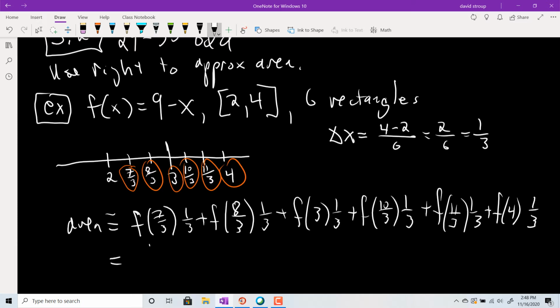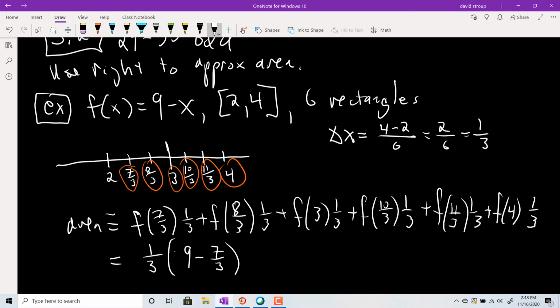And of course we could factor out the 1/3. f of 7/3, that means just put in 7/3 for x. So you get 9 minus 7/3. And we could find the common denominator right off the bat if you wanted to.